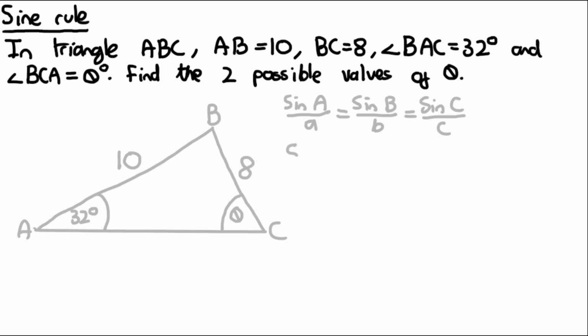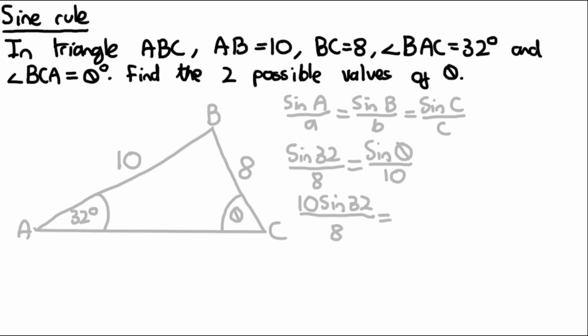So it's going to be sine 32 over 8, and this is equal to, the opposite side of an angle here is 10 and theta, so this is equal to sine theta over 10. Multiply both sides by 10 to get 10 sin 32 over 8 is equal to sin theta.